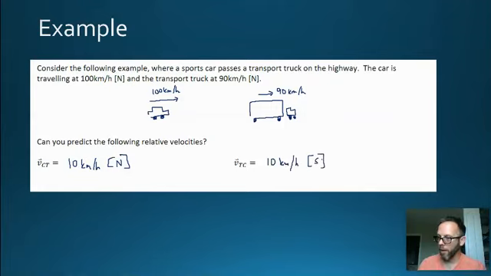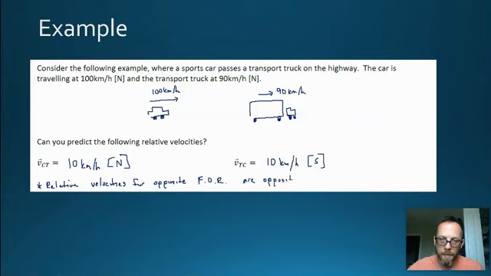And this is an important point, you should take this down: relative velocities for opposite frames of reference are opposite vectors. And this simple example illustrates why.